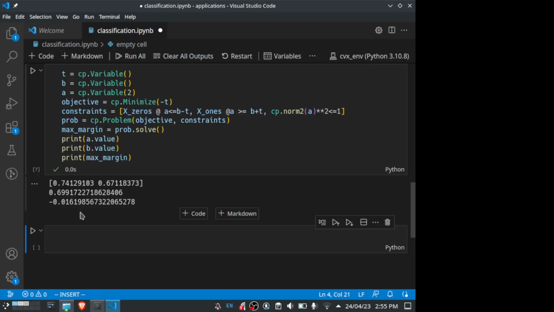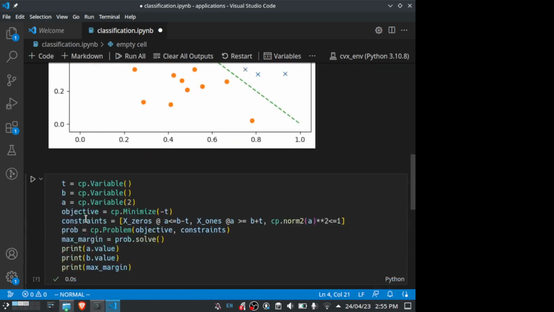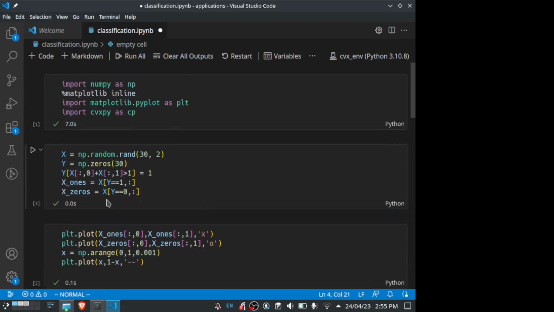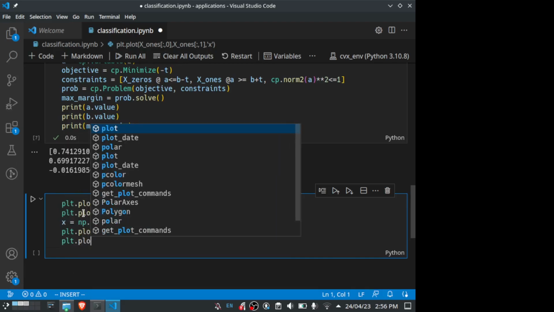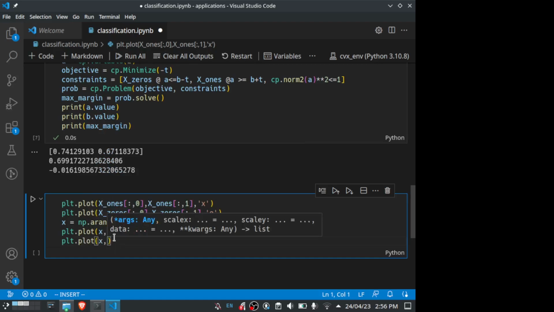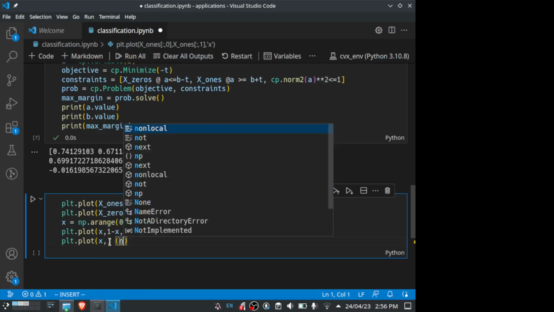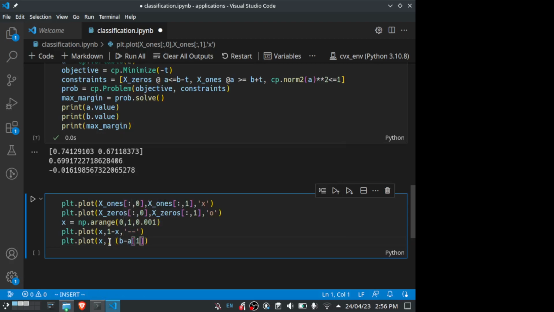Let's draw the line. a1 x1 plus a2 x2 is equal to b, or in other words, x2 would be equal to b minus a1 x1, divided by a2.